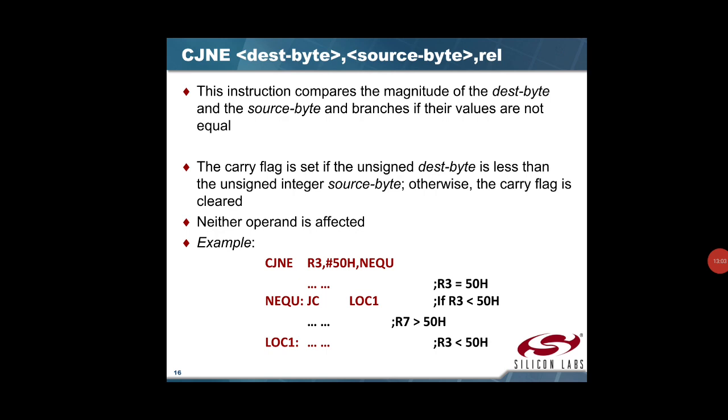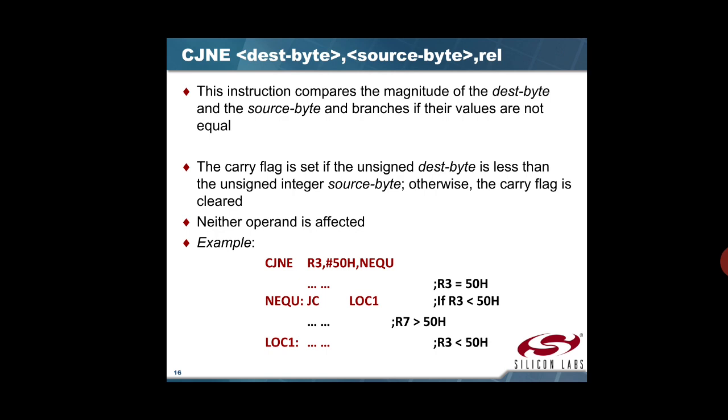CJNE destination byte, source byte, label: this instruction compares the magnitude of the destination byte and the source byte and branches if their values are not equal. The carry flag is set if the unsigned destination byte is less than the unsigned source byte, otherwise the carry flag is cleared.